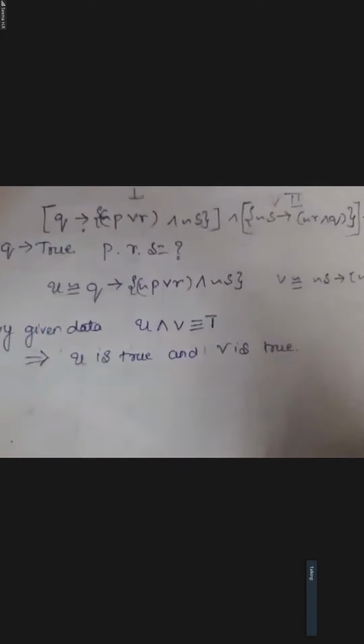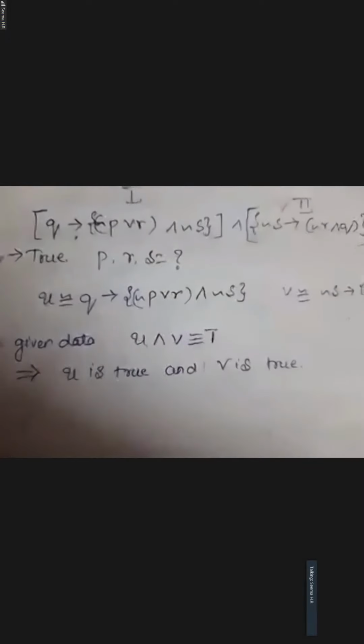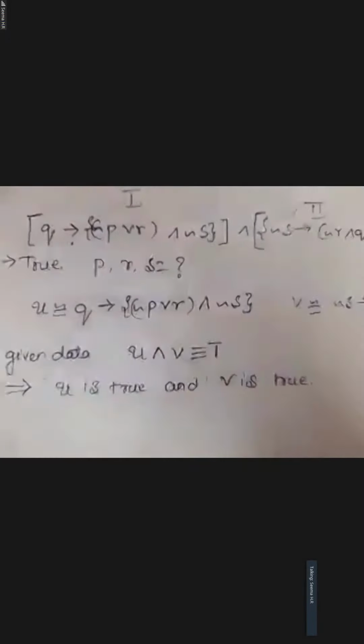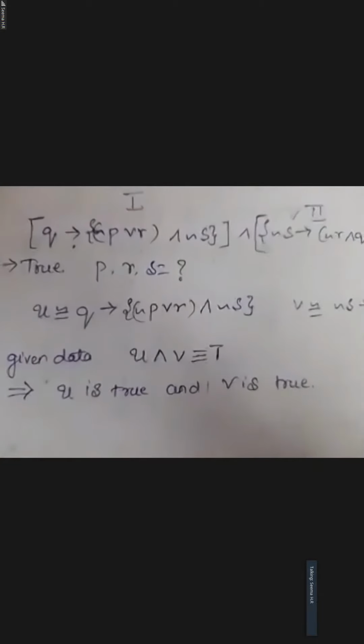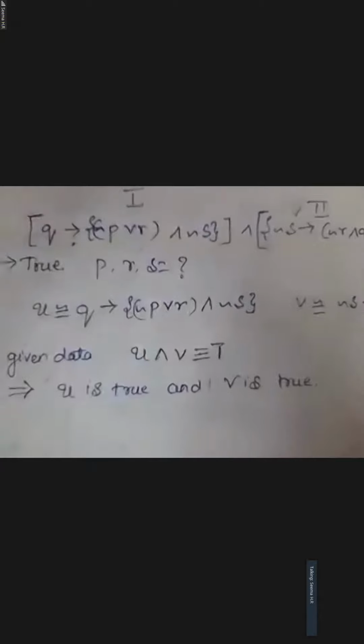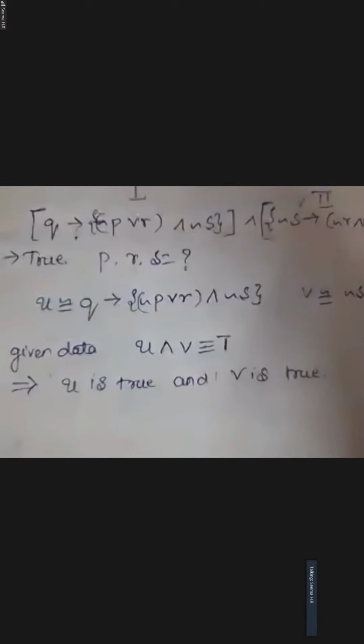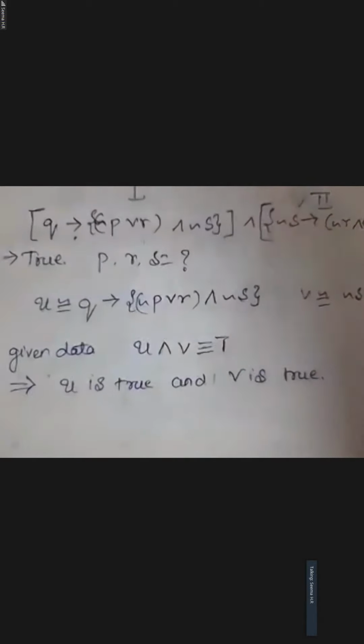What is the meaning of this? This implies U is true and V is true. Correct? Yes, ma'am. Conjunction means and. In the and, whenever both the propositions are true, then only U and V will become true. If one is false, definitely the and will become false. Understand?